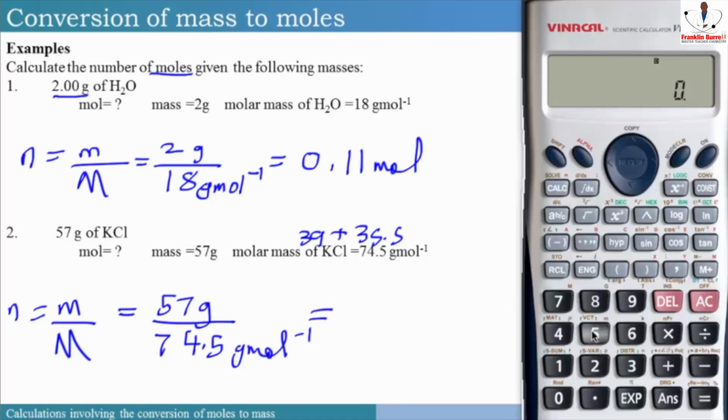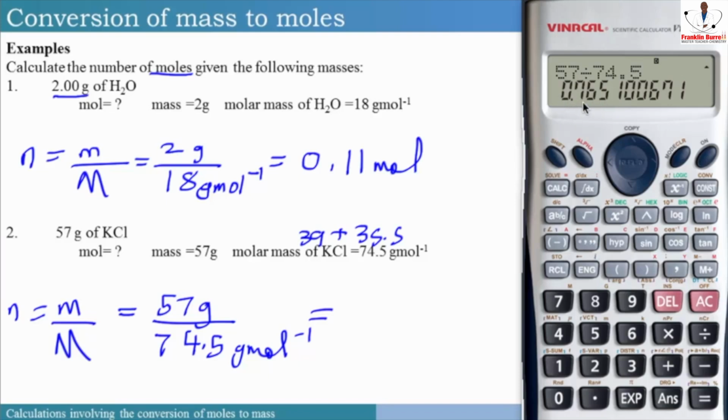So 57 divided by 74.5 is equal to 0.77. Remember, we say that we are going to use 2 decimal places for our answers.